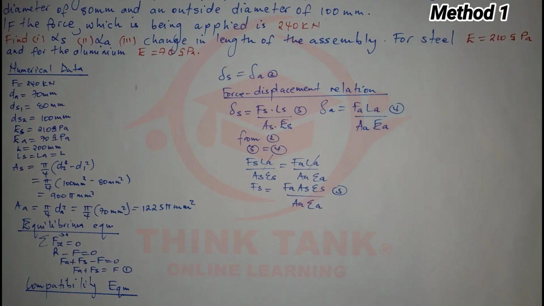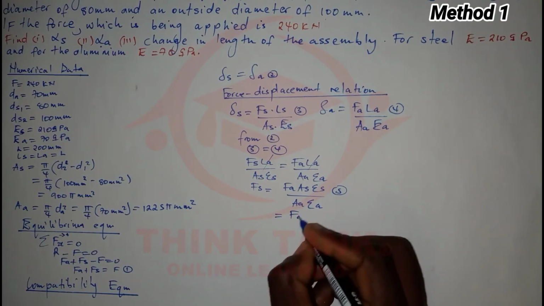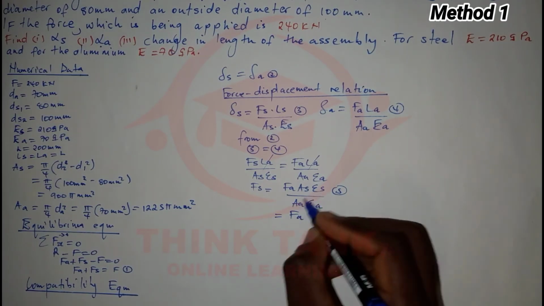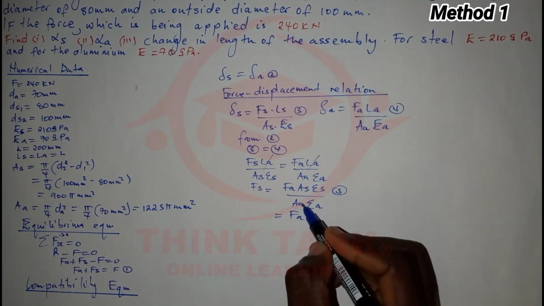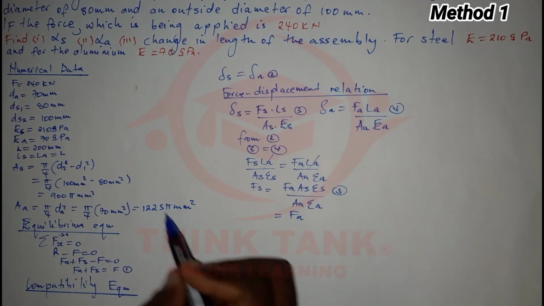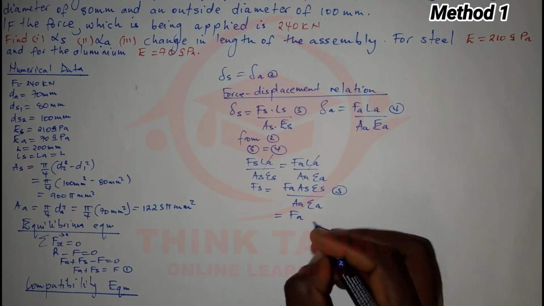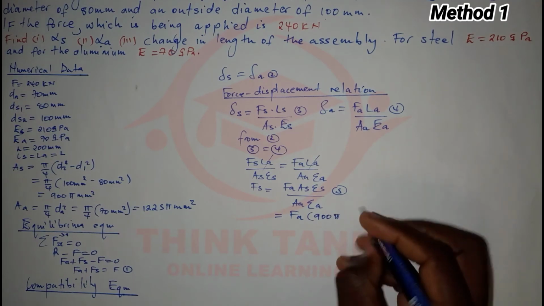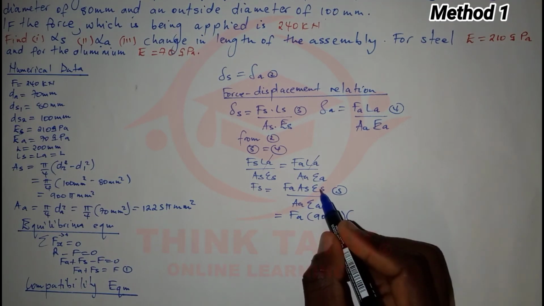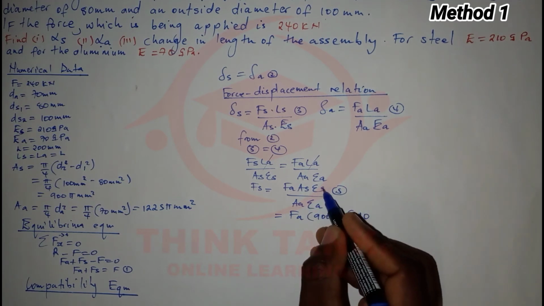Right? So let's take a closer look at equation number 5. You can just write FA right here. AS is the cross-sectional area of the steel, and AA is the cross-sectional area of the aluminium. Since it's just division, you can just use the millimeters here. The area of the steel is 900 pi times the Young modulus of the steel, which is 210, and we still have Young modulus on the upper and lower bound.